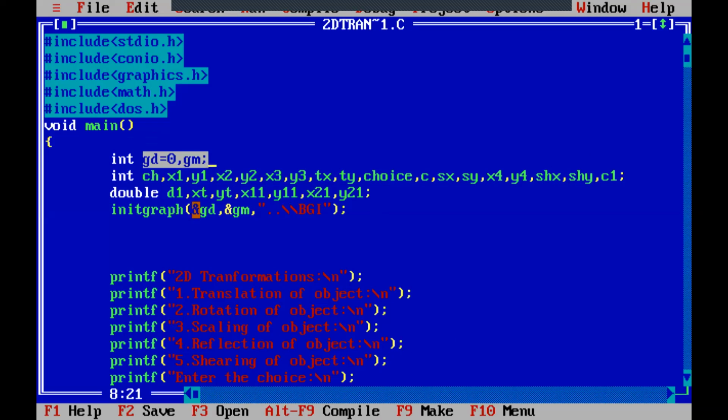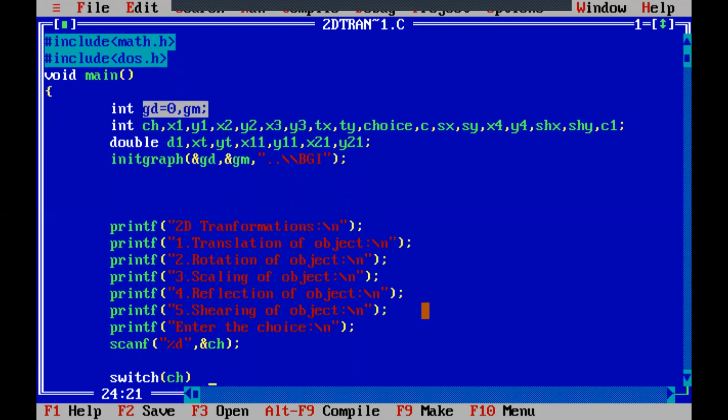Then initgraph is the command for initializing the graphics output screen. gd and gm are the handles, and the BGI folder path you have to pass, which will begin the graphics interface. Then here are normal printf statements to display the menu. So a total of 5 items, or 5 menus, are there in the switch case.